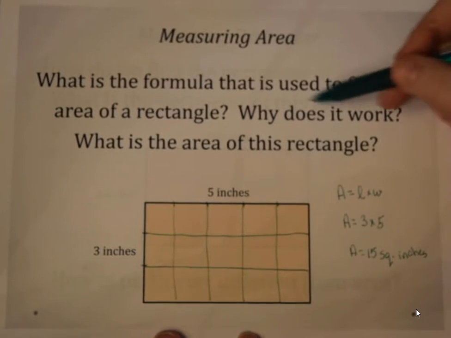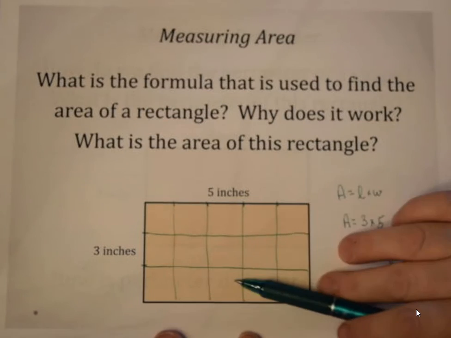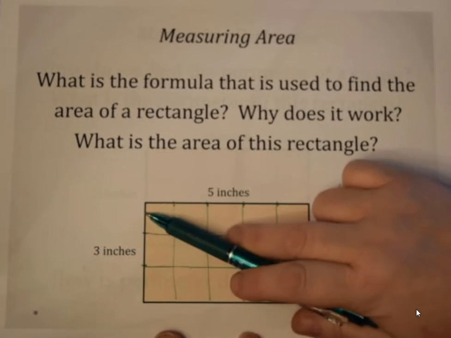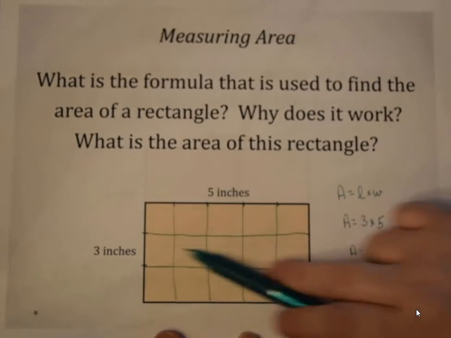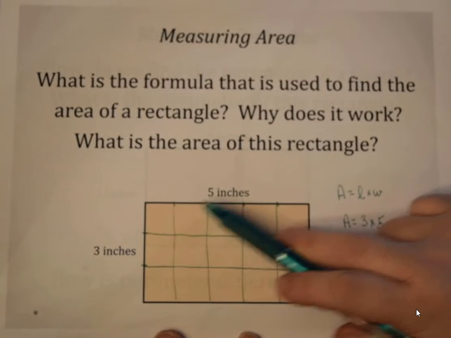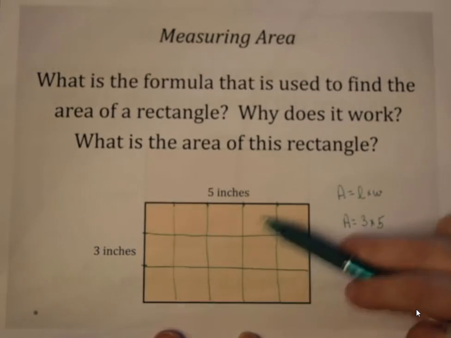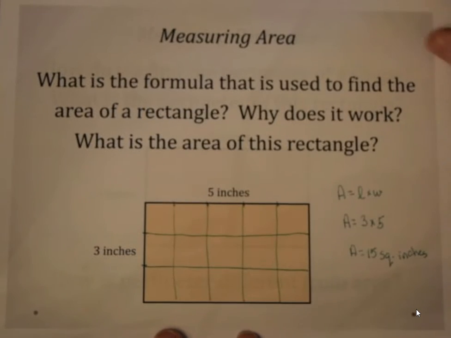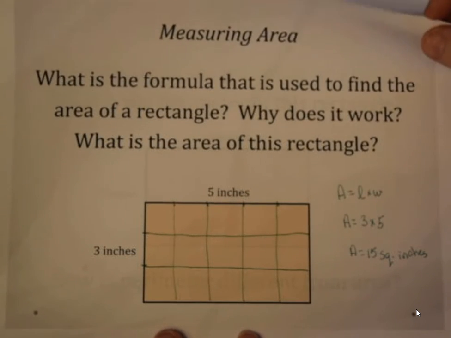Okay, so why does it work? Well, it works because we divide this length into 3, and so we'd have 3 rows, and we divide this length into 5, so we have 5 columns, which creates squares that are 1 inch by 1 inch.